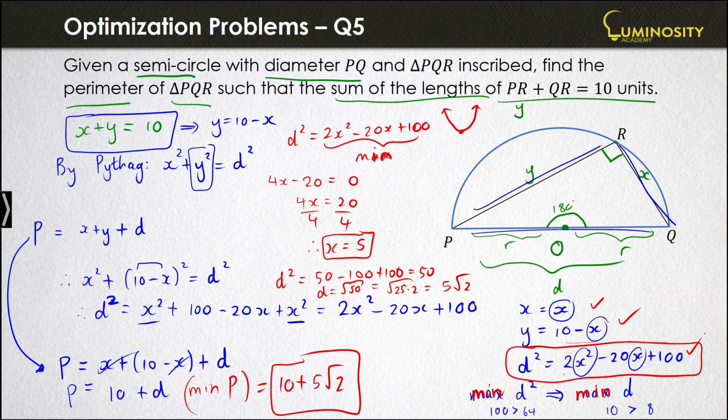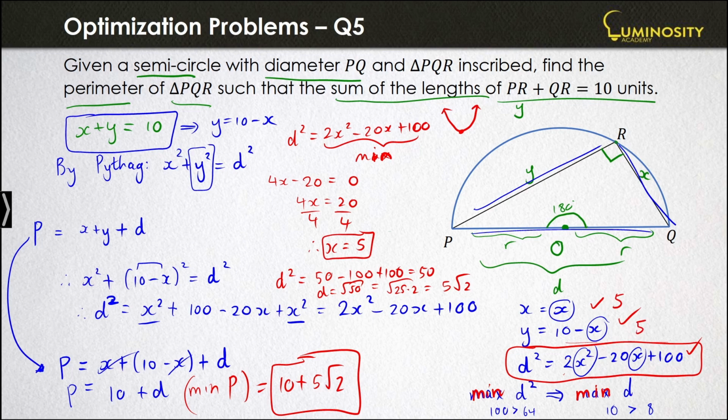All right, so doing that, we got the x value to be 5. Substituting back for d squared, we got 50. And then to find d by itself, it became 5 root 2. So the perimeter that is minimized is given by 10 plus 5 root 2. And the dimensions are given as x, y, and d. So x equals 5, that's what we solved. 10 minus 5, that'll be y as well.